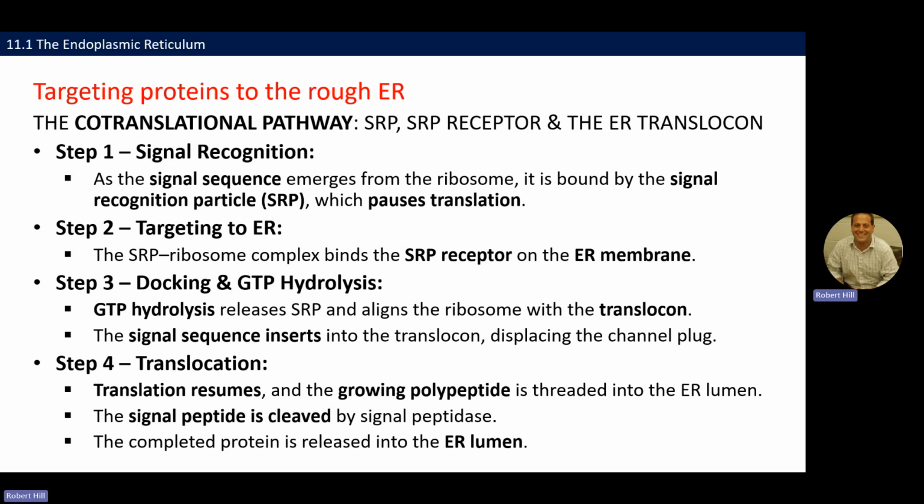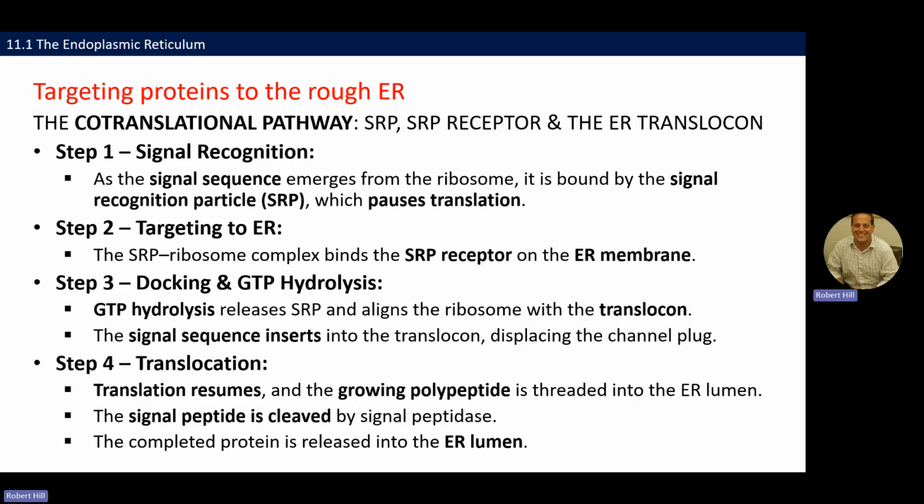Right, the translocon has these signal recognition particle receptors that the SRP can bind to, to bring the protein and the ribosome down and situate them correctly on the translocon. All right, so this is what the docking is. The docking event is the ribosome coming and getting onto the translocon.